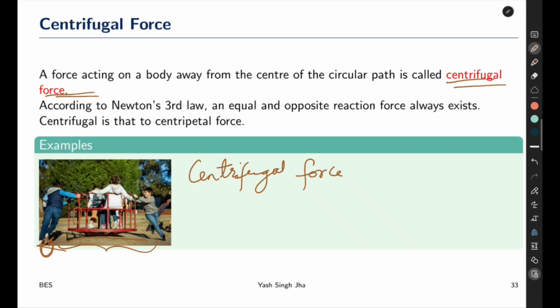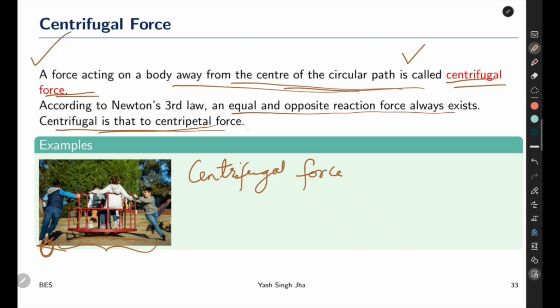But when you sit on the ride, you feel something pushing you out from the center, away from the ride. That force is centrifugal force. So a force acting on the body away from the center of the circular path is called centrifugal force. According to Newton's third law, an equal and opposite reaction force always exists. Centrifugal force is that reaction to centripetal force.